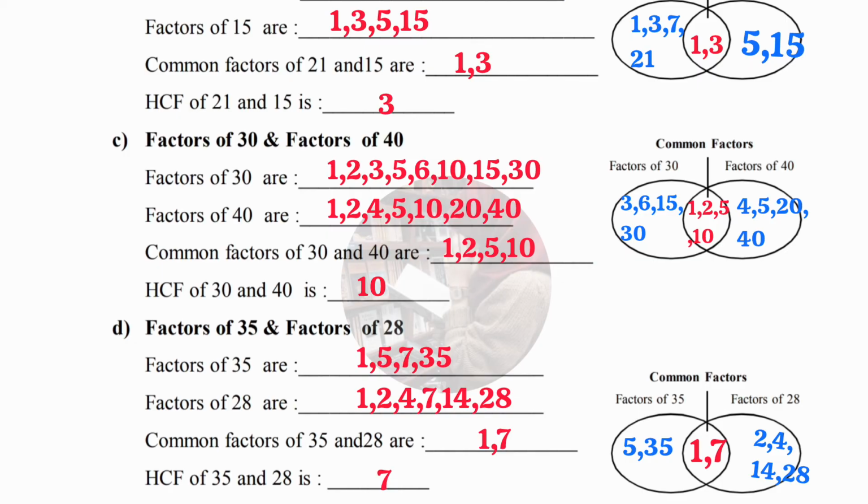In this way you can practice. I hope you understood this. Please pause the video and try to do it yourself. After completing, solving these sums, you can play this video and check whether you have written correct or wrong.